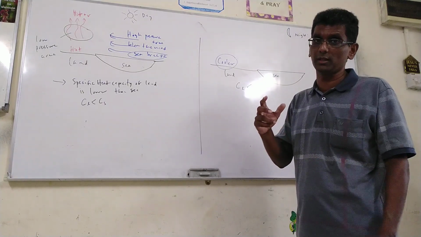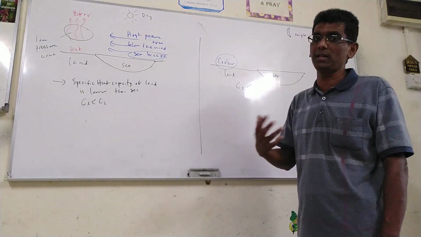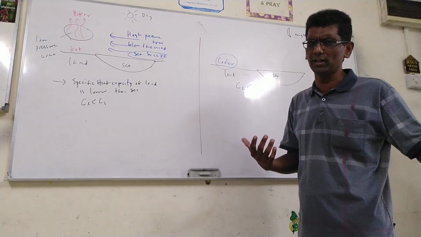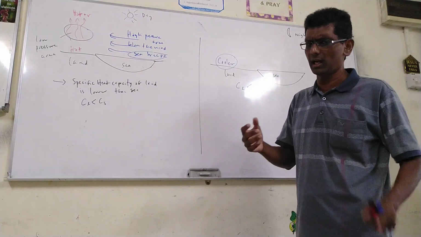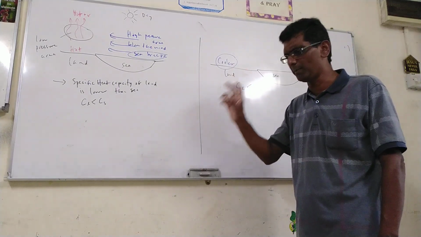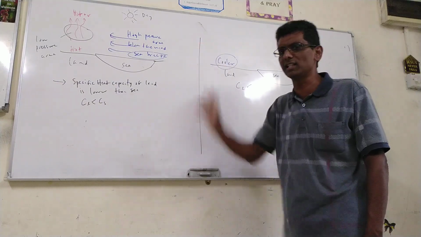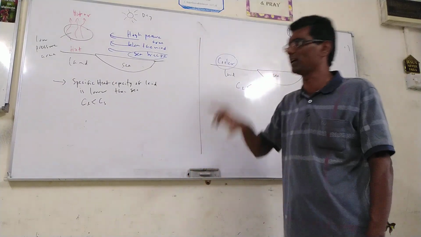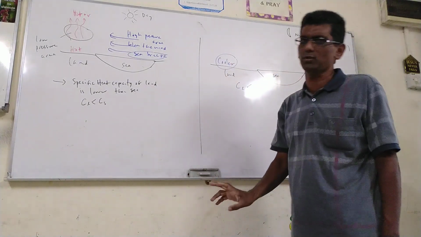The explanation of a low specific heat capacity, high heat capacity material. Okay, with low specific heat capacity, temperature rises faster and also decreases faster.